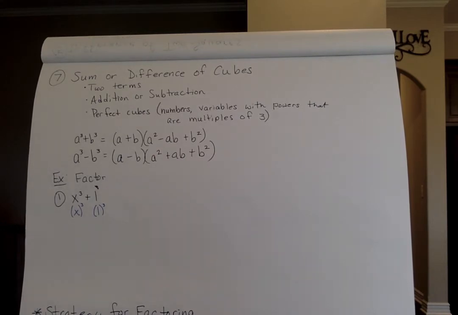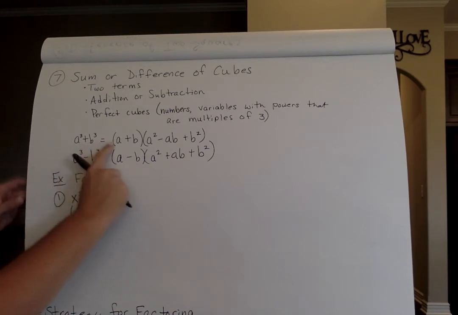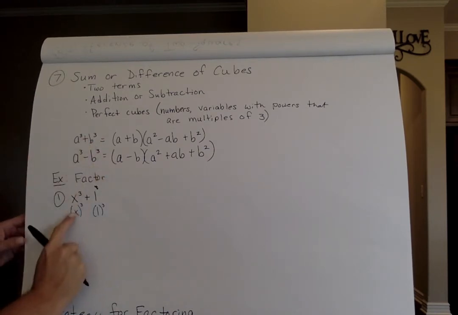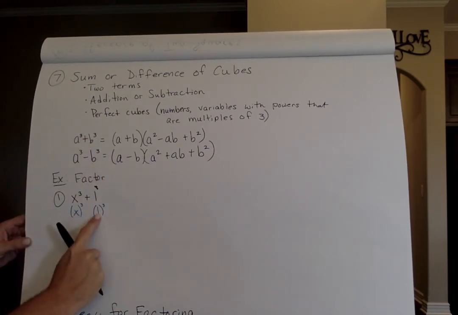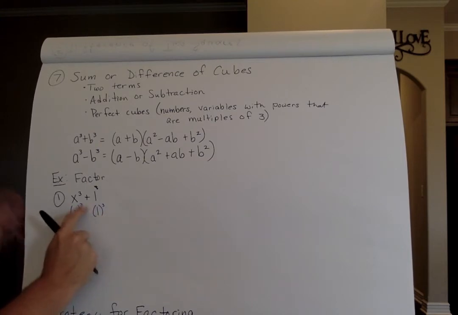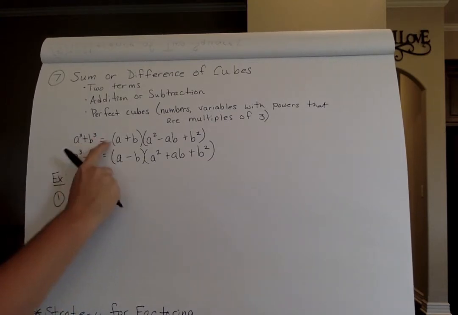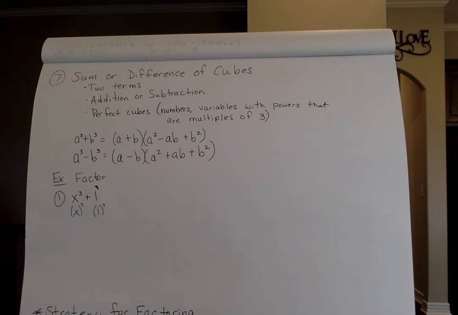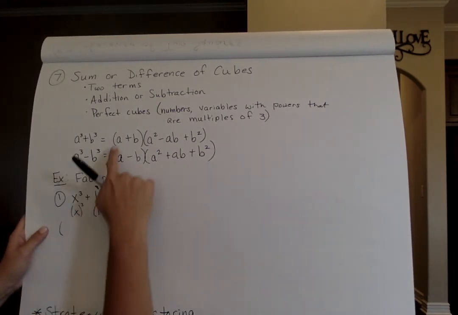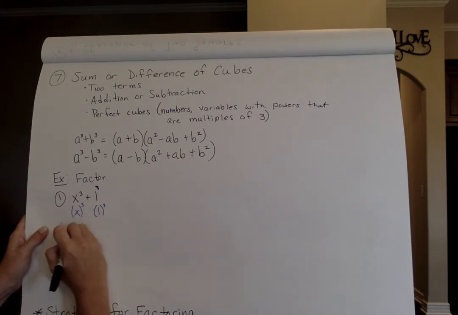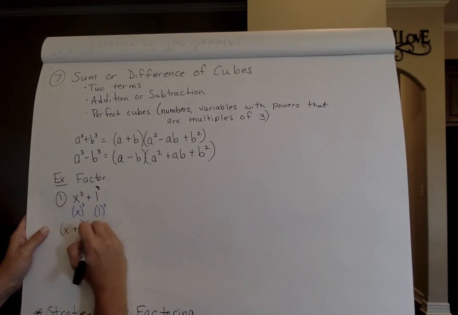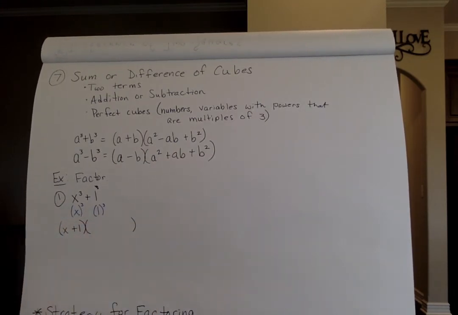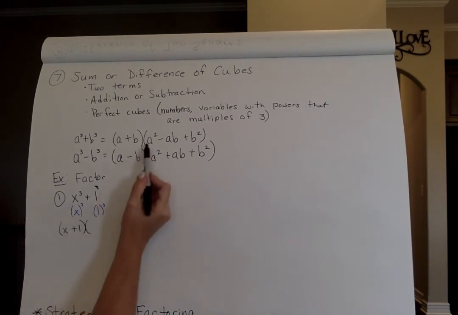We're going to now follow this pattern, but instead of a and b, I have x and 1. So I have x cubed, and I have 1 cubed. So we're going to follow this with the a and b. That's going to leave me with, not a plus b, but in our case, x plus 1. Then I'm going to have another set of parentheses that's a little bit larger because it has 3 terms.